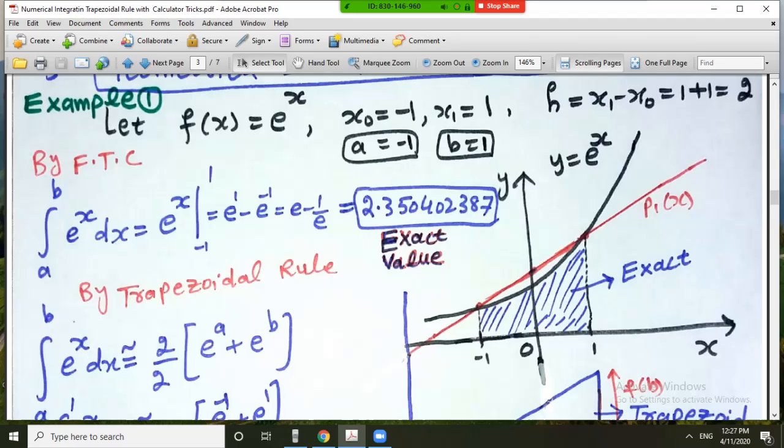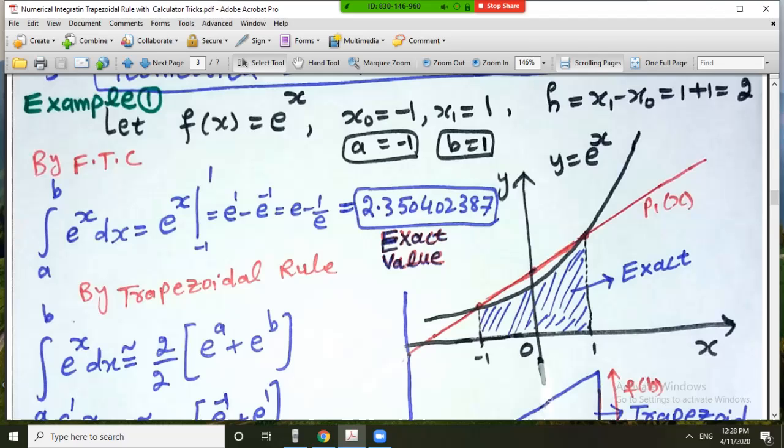So that's why there is a small error, and that's why we call numerical integration the approximation to the definite integral, because the main target is this exact shaded area, and we have found the area under the graph of p1 of x, which is of course more than this. Look at the calculations.